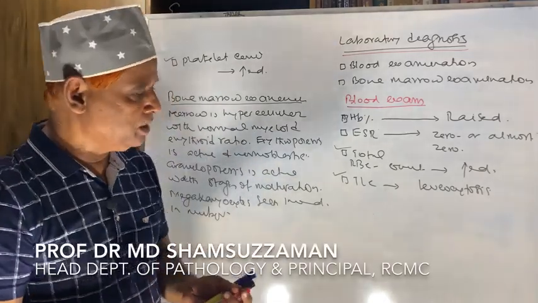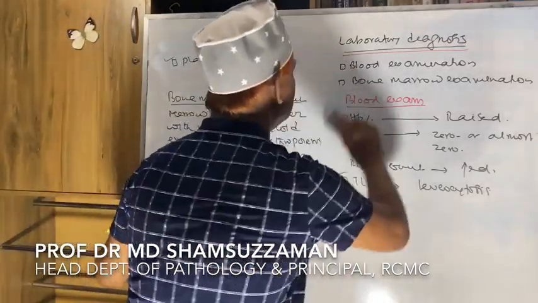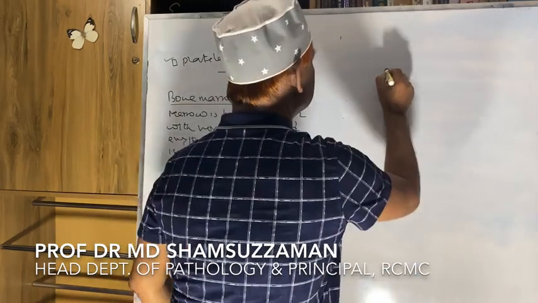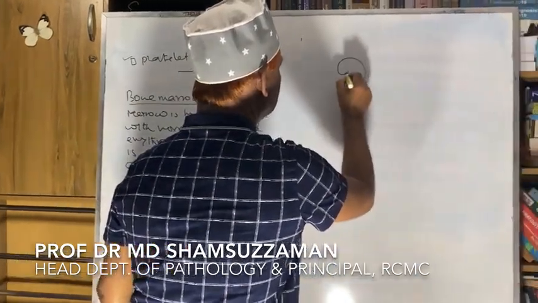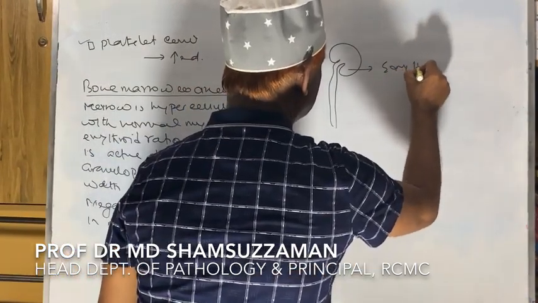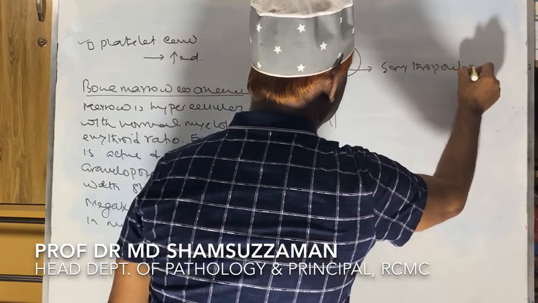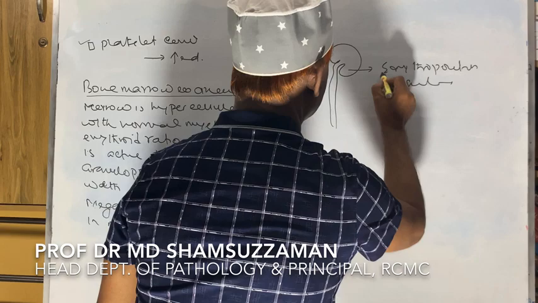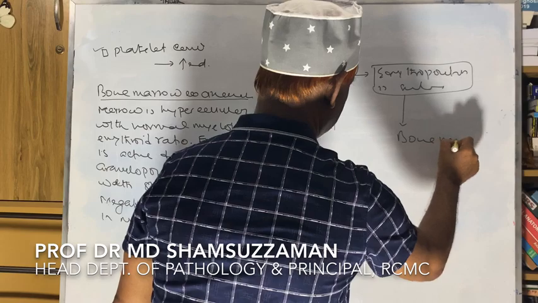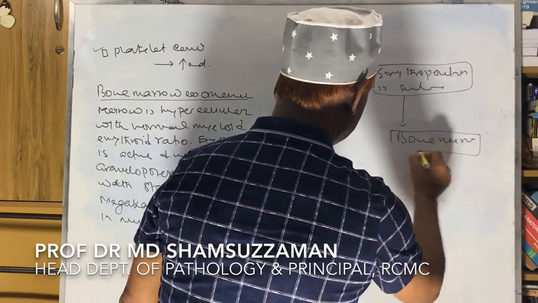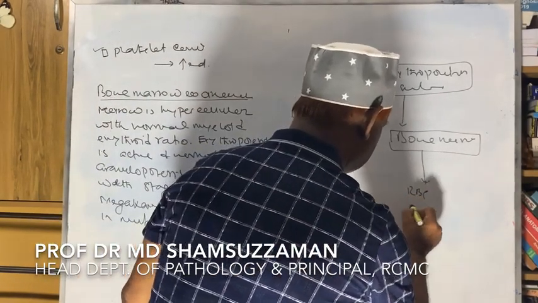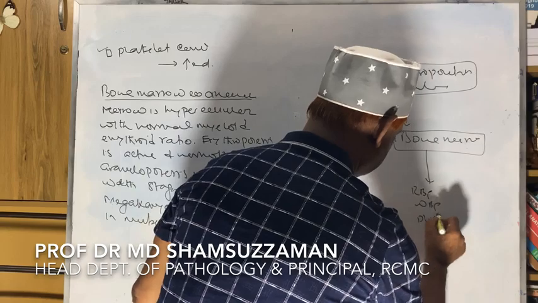Another, if increased erythropoietin production, what will happen? This is the kidney, and you know normally from the kidney erythropoietin is secreted, and this erythropoietin acts upon bone marrow, and there is production of RBC, WBC, and platelet.